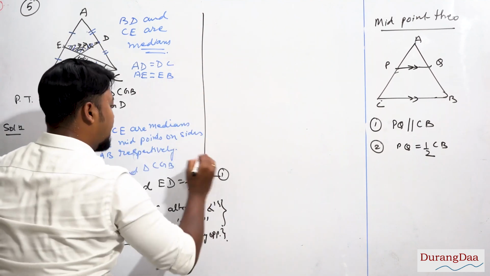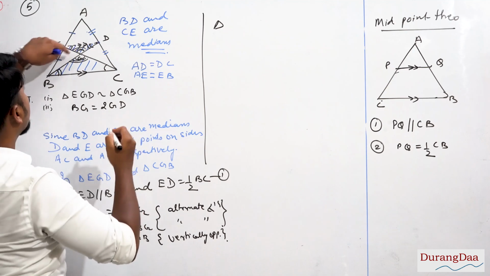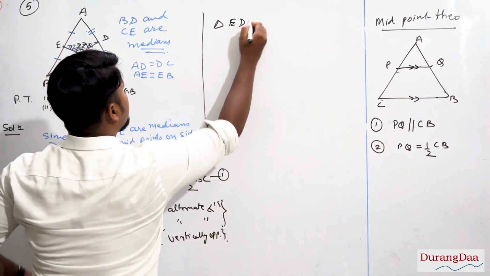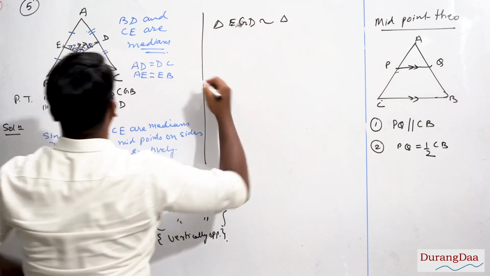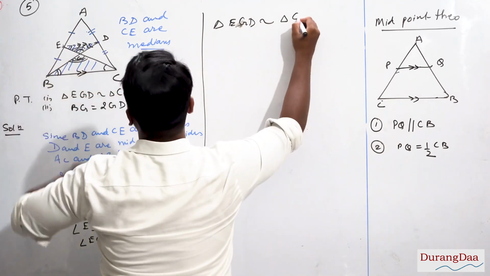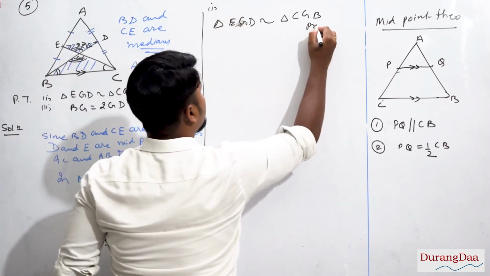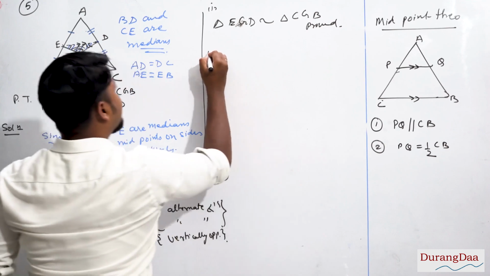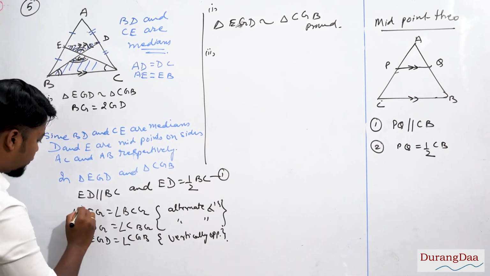Now we can state that triangle EGD is similar to triangle CGB. So first part is proved. For the second part, you need the ratios. Okay, you can get the ratios from here.